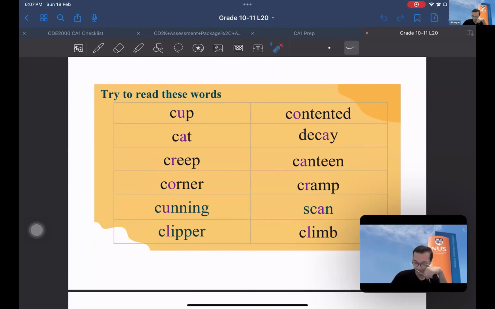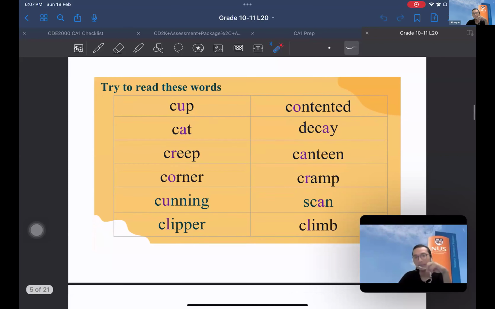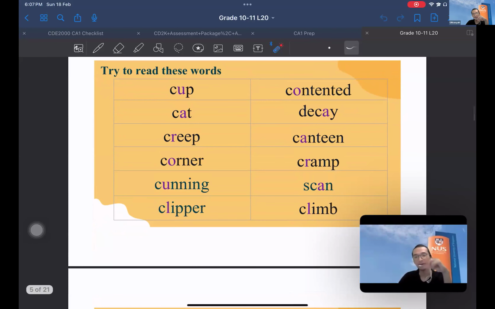L over here, another L. So the majority of words that start with a letter C or have a C in the middle, when you pronounce it, it will usually be with the sound of K, just like how you sound K. So in this case, cup, contented, cat, decay, creep, canteen, corner, cramp, cunning, scan, clipper, and climb.